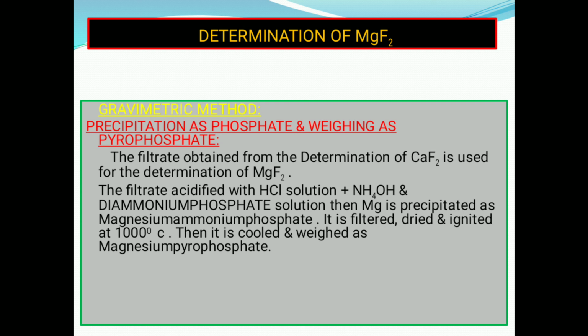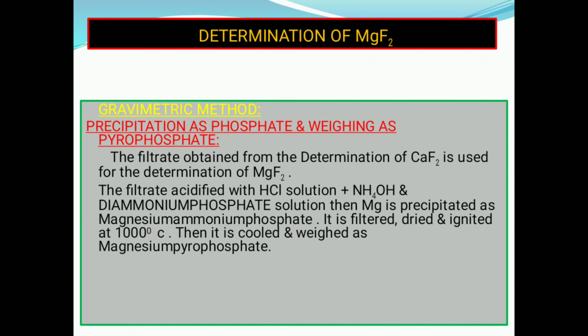If you go for determination of magnesium fluoride, you can use gravimetric method, that is pyrophosphate method, meaning ignition as magnesium pyrophosphate. So take the filtrate obtained after the determination of calcium fluoride, then add ammonium hydroxide and diammonium phosphate. Then magnesium will produce magnesium ammonium phosphate.